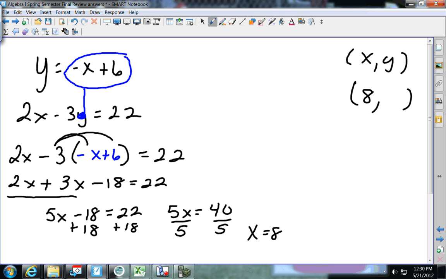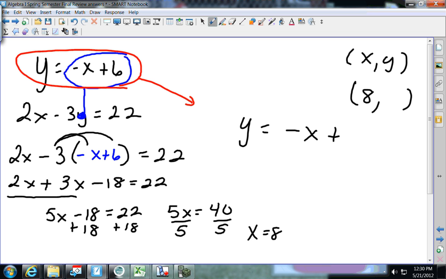Well, that's all fine and dandy, but now I have to find the y. I normally always choose the y equals. Again, you can choose either one. I'll focus on this one because I want to show something where you might make a mistake. y equals -x plus 6.